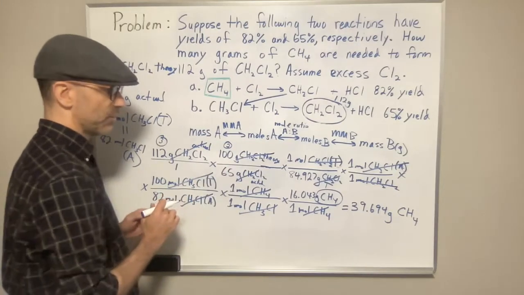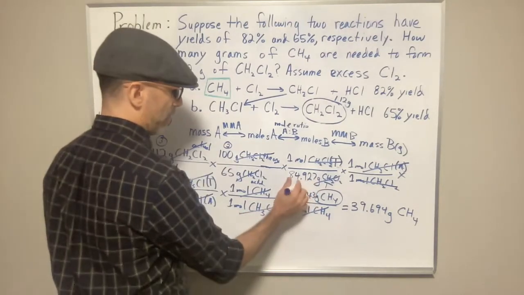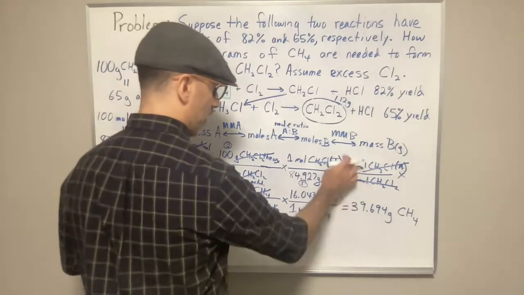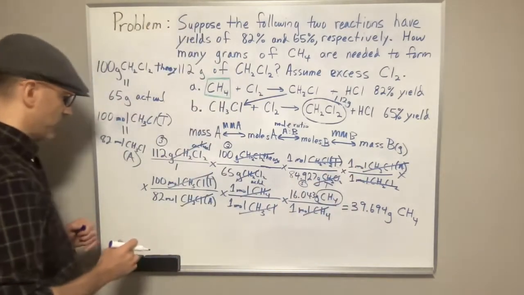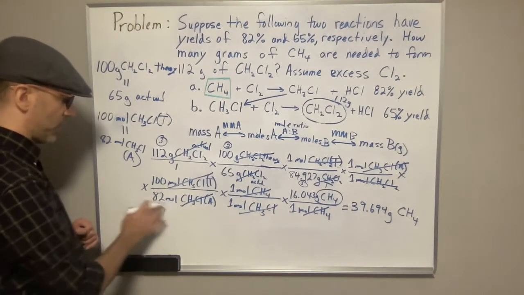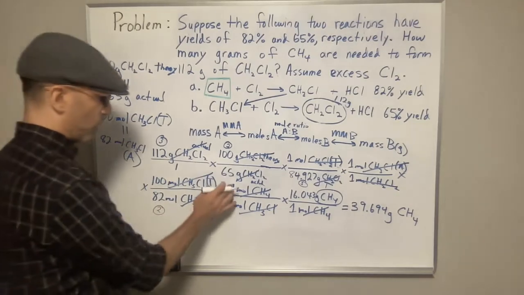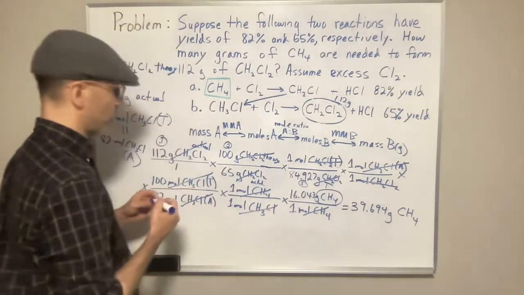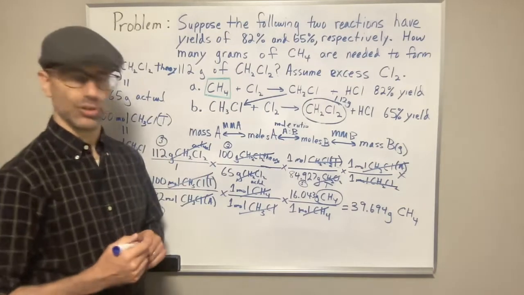That's 2 sig figs. Here we have 5 sig figs. This is an exact relationship, so we can ignore that. Here we have 2 sig figs, 82%. The 1 to 1 is exact. Here we have 5 sig figs. So the least number of sig figs is 2.